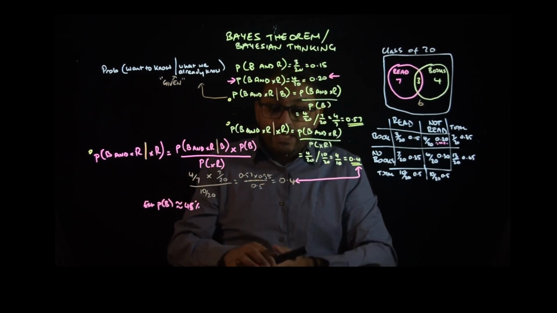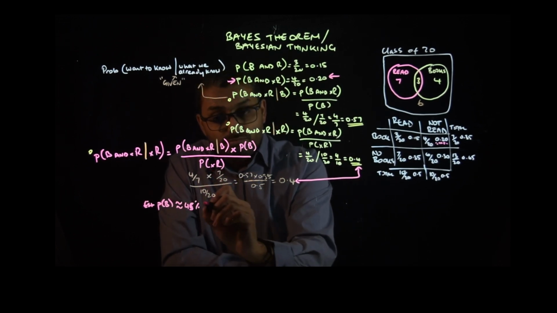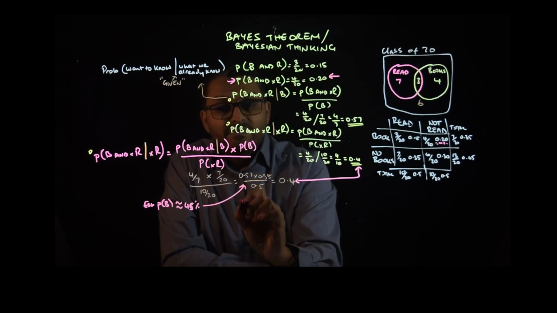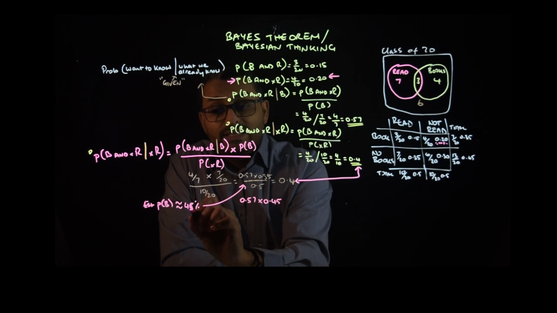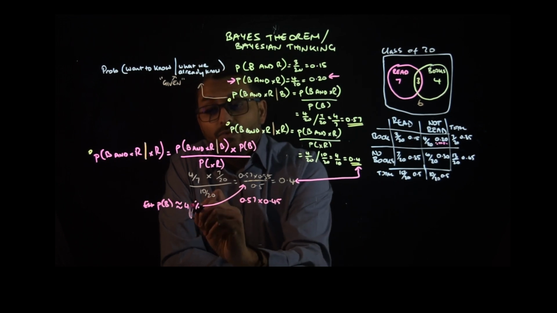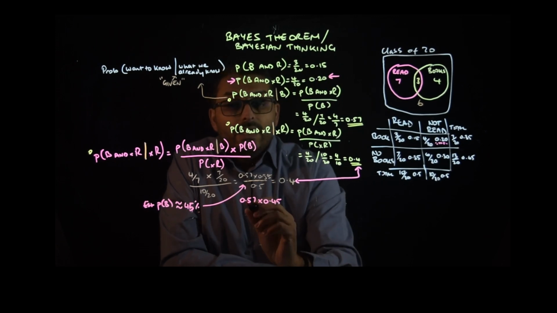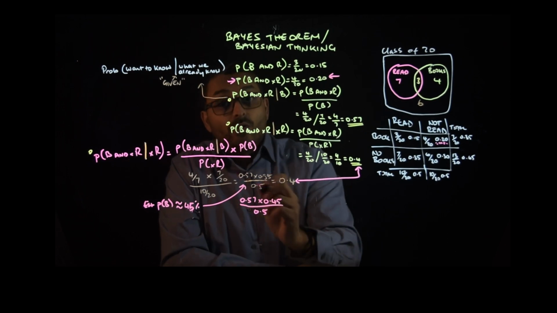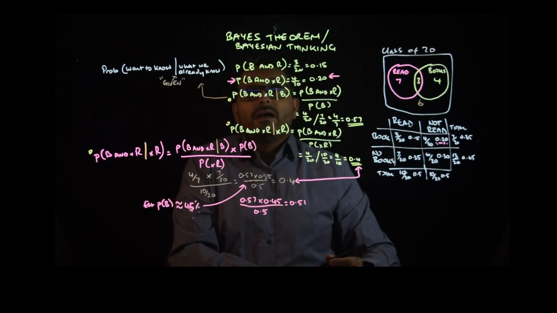So again, what we would do is just plug that number in. Instead of 7/20ths, it's 45%. So it's 0.57, that's the same probability, that's not changed, times 0.45, the 45%, divided by a half, because we know that probability hasn't changed, and that gives us an answer of 0.51.